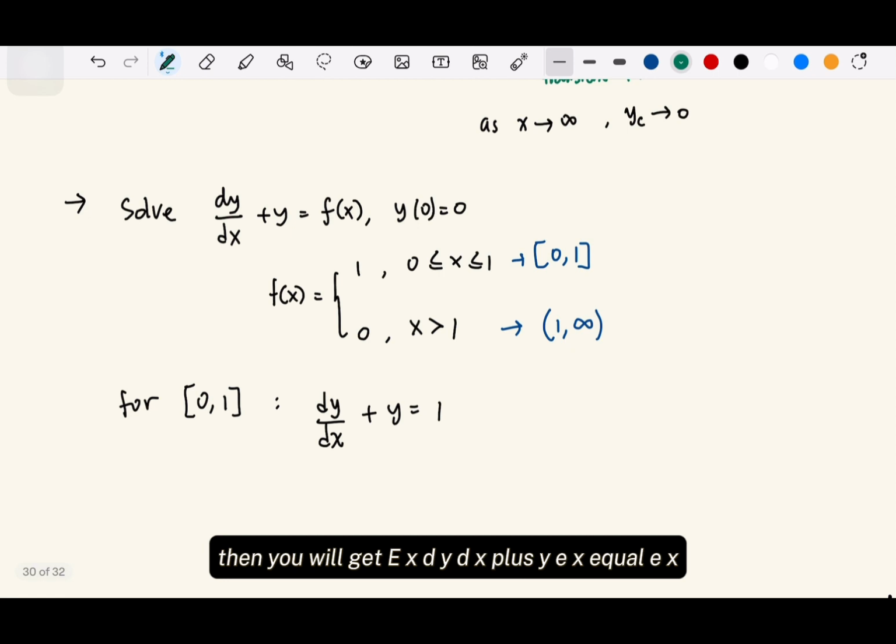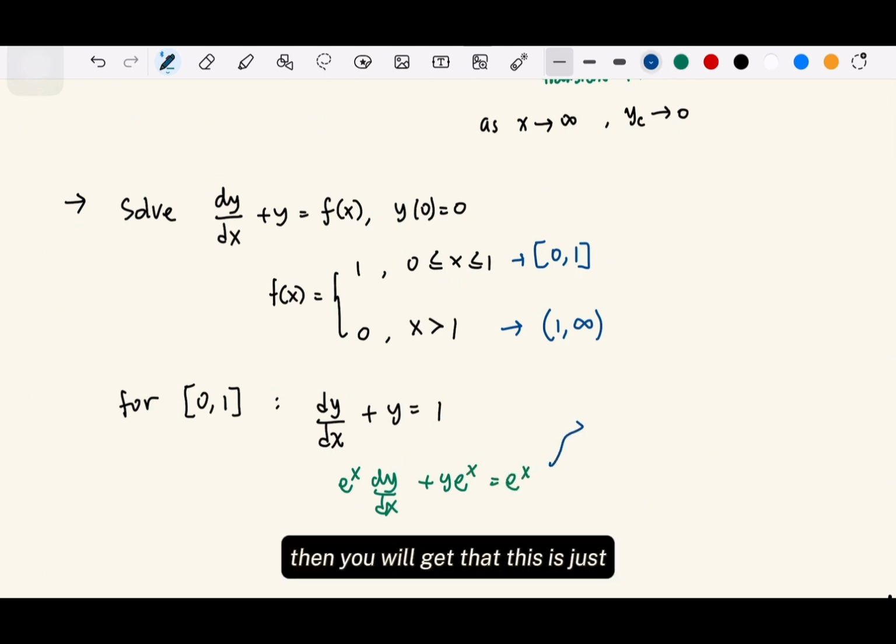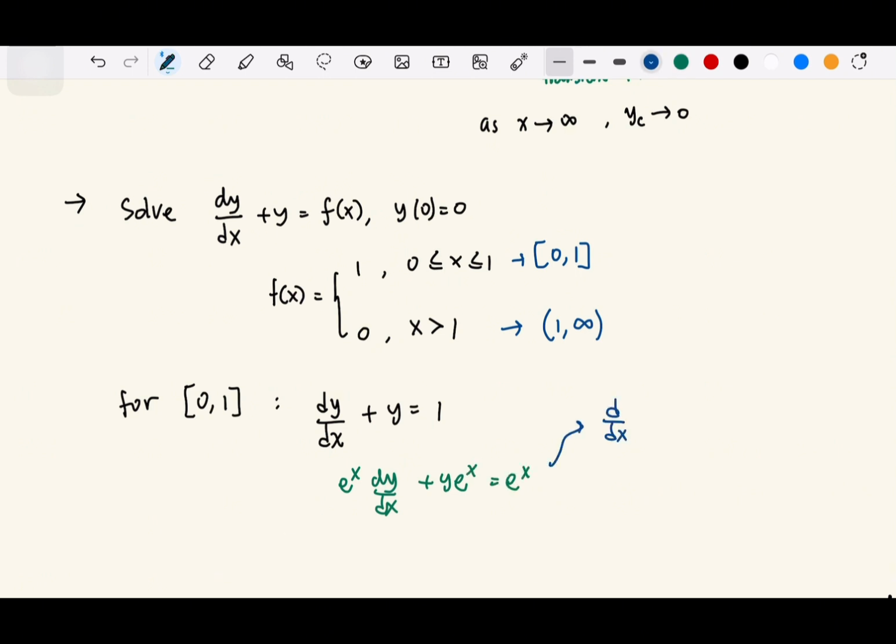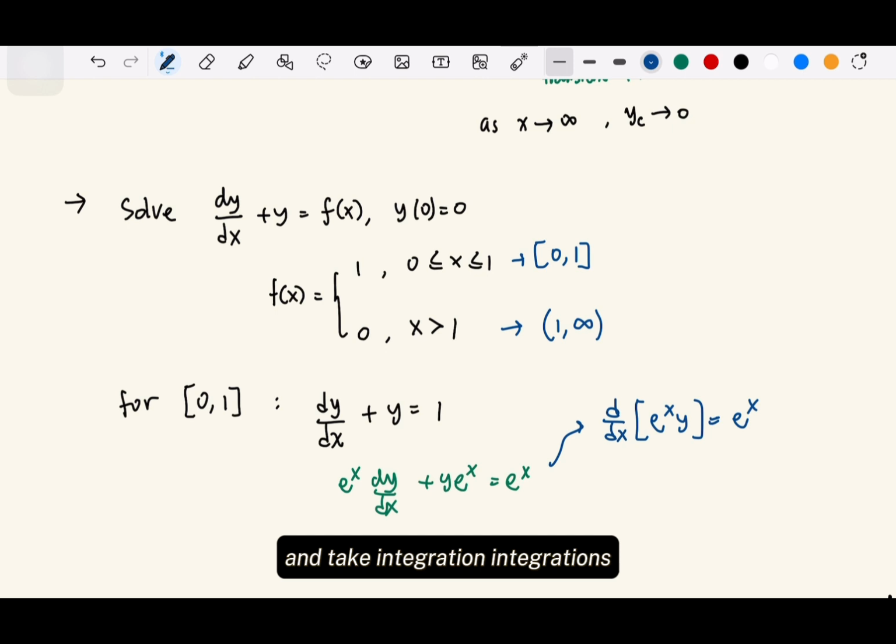Then you will get e^x dy/dx plus y e^x equals e^x. Then take integrations.